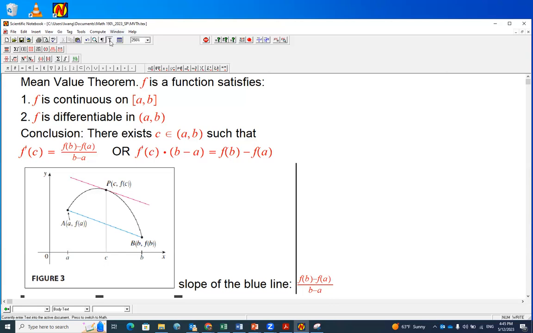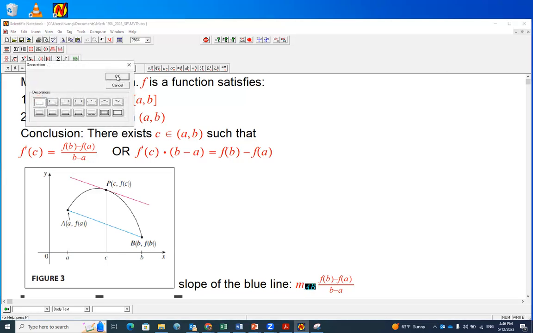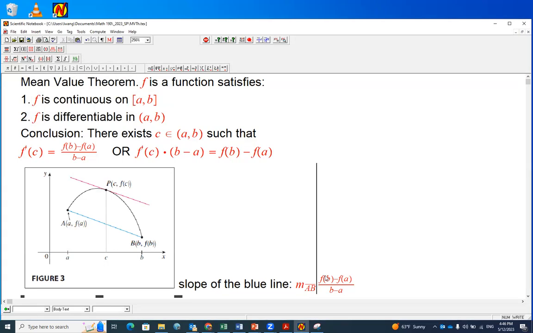This is the slope of the straight line from capital A to B. The derivative at a point c between a and b is the same as the slope of the blue line.